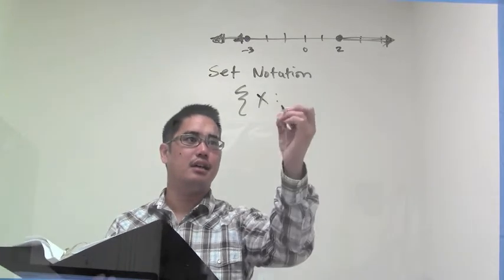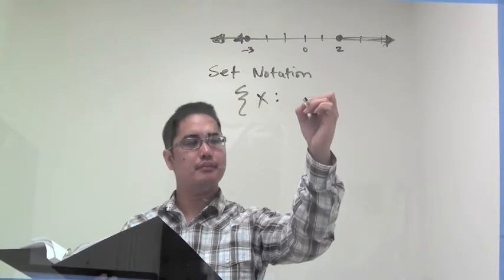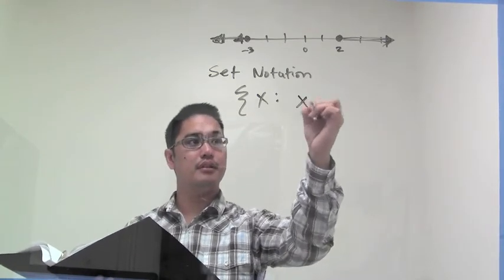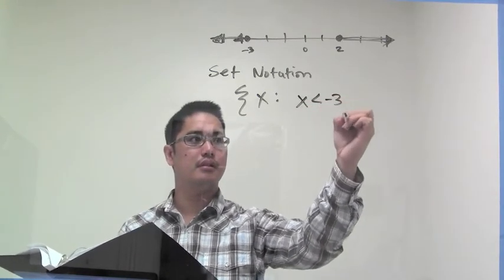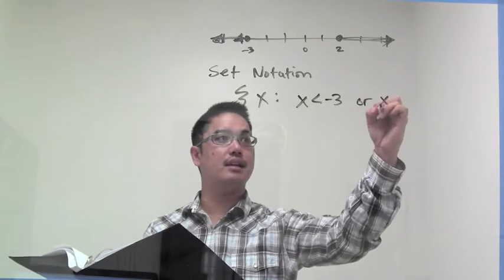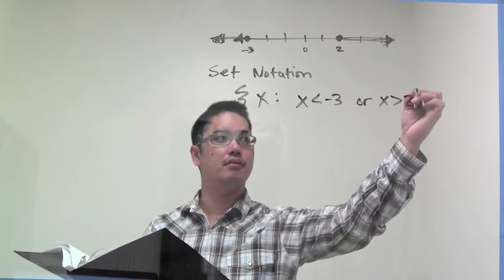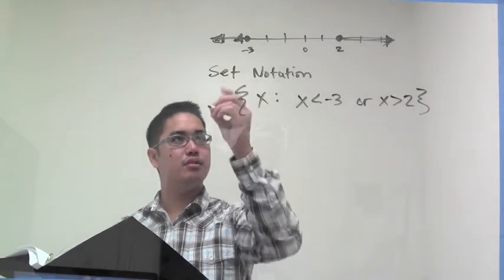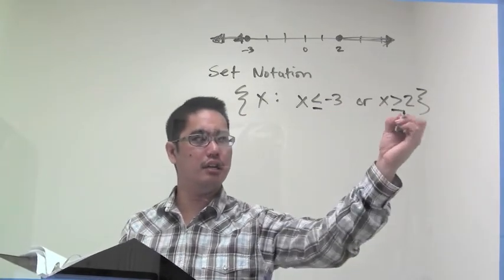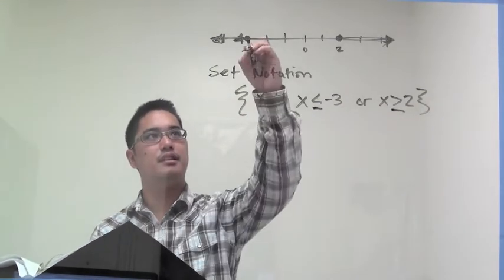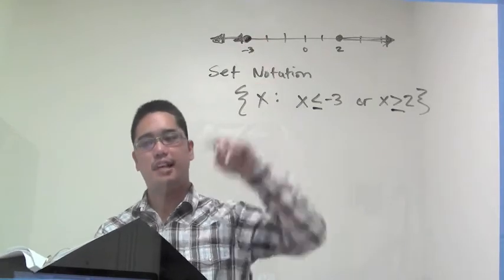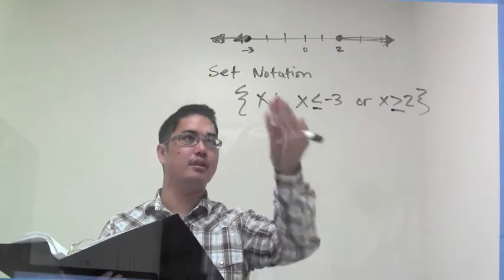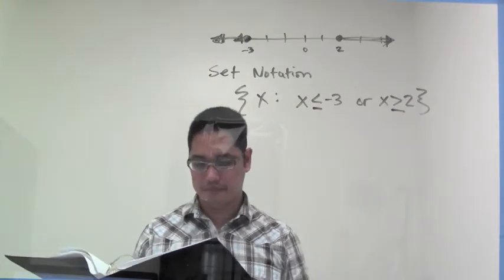X such that x is smaller than negative 3 or x is bigger than 2. And you could put the equal to sign as well because these dots are full. If these dots were open, that means it's smaller than negative 3 but not equal to negative 3. Same thing over here.